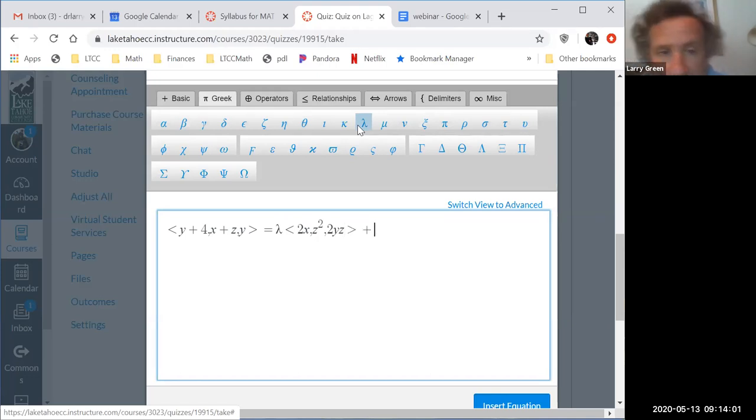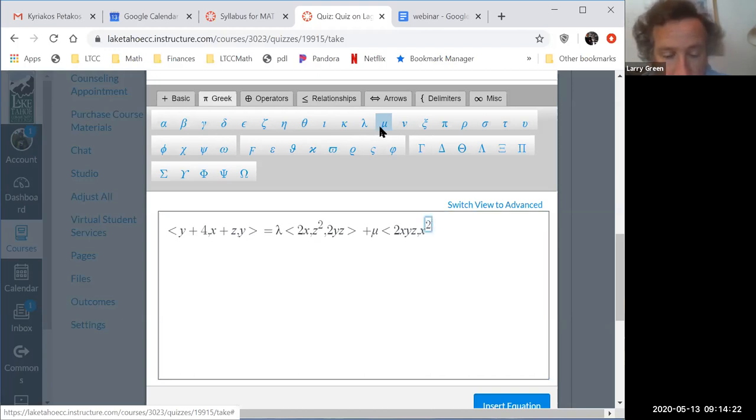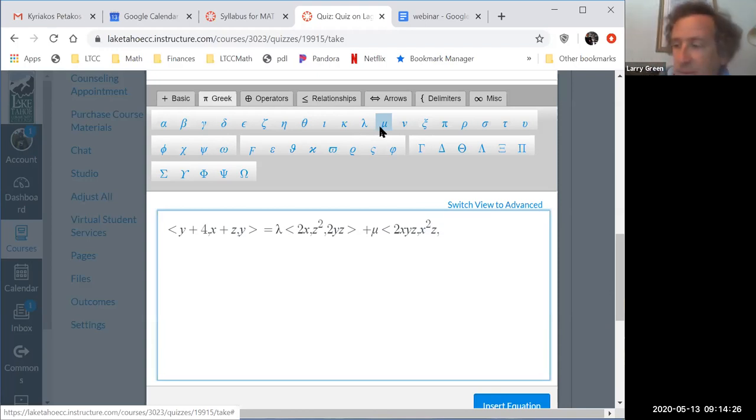And then plus mu times the gradient of, let's call it h. And the gradient of h is 2xyz, comma, x squared z, comma, x squared y.